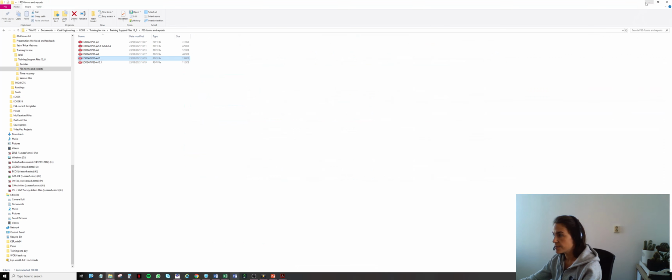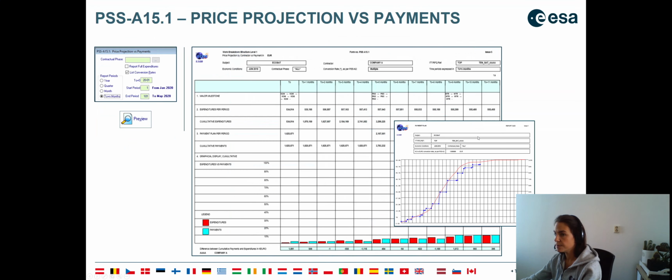And now the last PSS form that I would like to show you is the PSSA 15.1, which shows the price projection versus payments. So this is the one that was shown to you when we updated the graphs in our payment plan definition, if you remember. So here you can choose to prepare a payment plan per contractual phase.